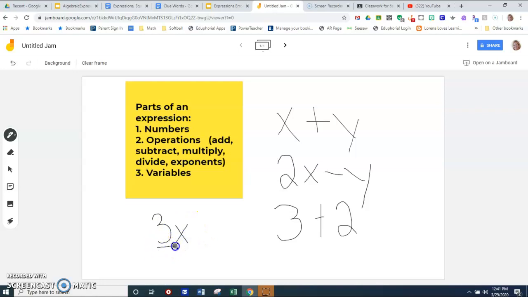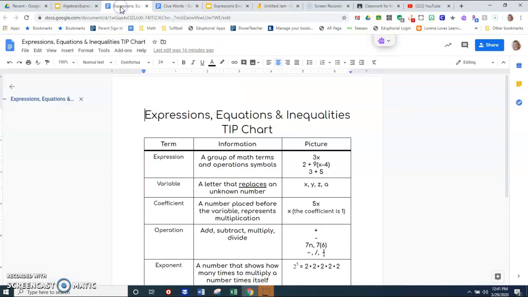And remember, this represents multiplication. So even though we don't see a multiplication sign, we know it's multiplication because they're right next to each other. So here you have a number and you have a variable, but you also have an operation. So this really would be considered having all 3, a number, a variable, and an operation, even though we don't see the operation sign.